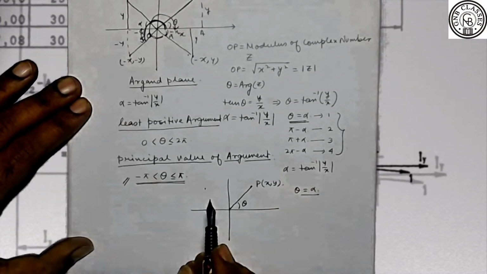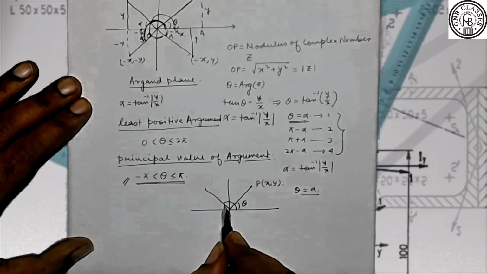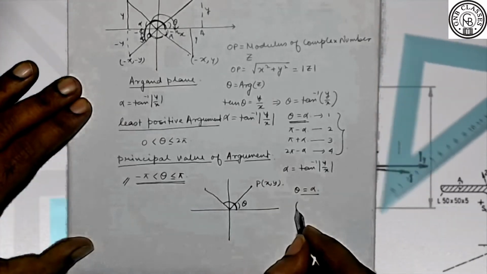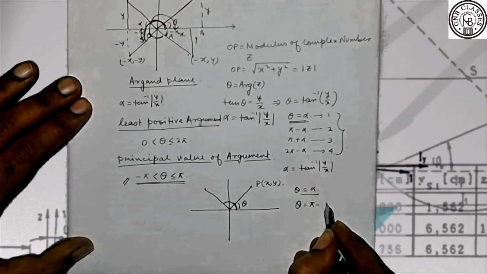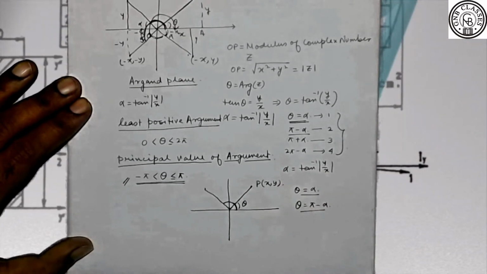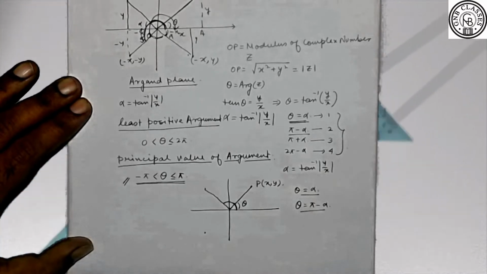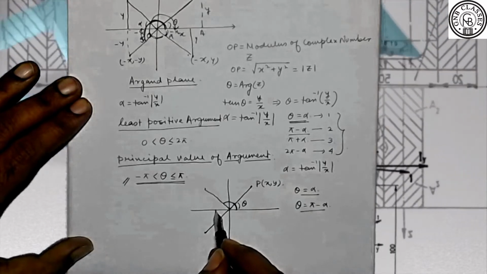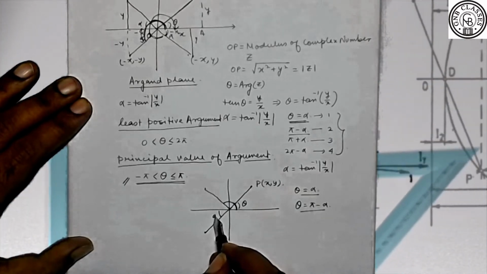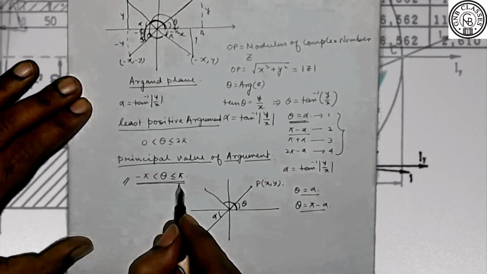Now, when the point is in the second quadrant, then your argument is this. This angle will be pi minus alpha, which is the same as your least positive argument. Okay? When the point is in the third quadrant, now we cannot do pi plus alpha because this angle is alpha. We cannot go for pi plus alpha because it will cross this limit.